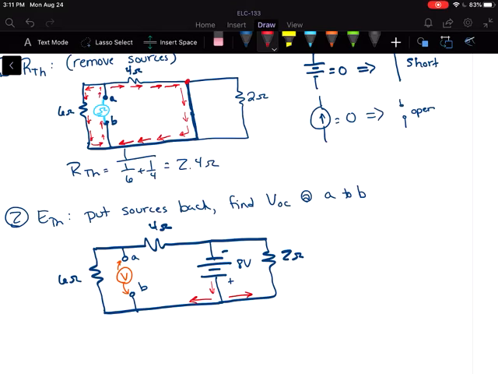So my 6 and my 4 ohm resistor, those are in series with each other and they're in parallel with the 2. So the first thing I'm going to do is a little bit of reducing our circuit. So RT is going to be our 6 plus 4 in parallel with our 2 ohm resistor, which is 10 in parallel with 2.